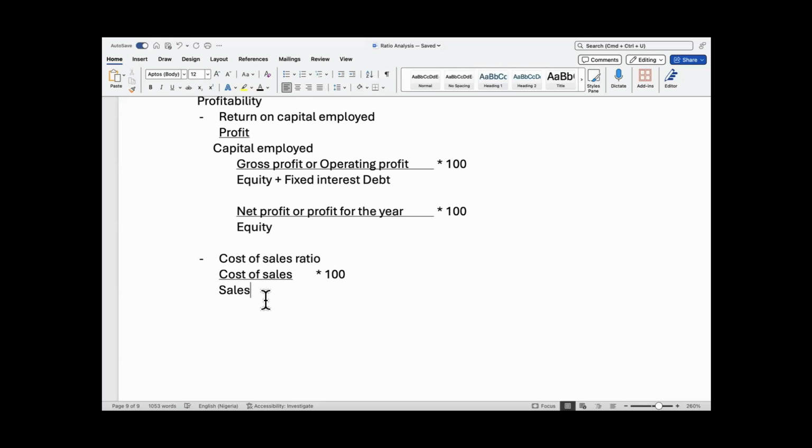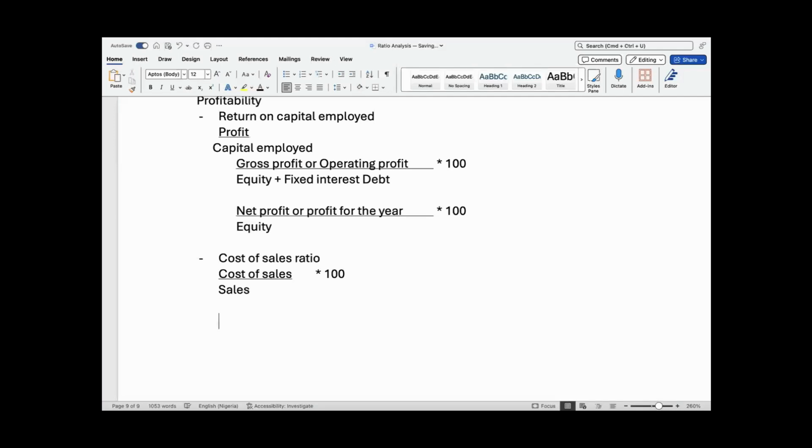Because gross profit is the amount of gross profit made on every sale. Cost of sales ratio is the amount of cost of sales made on every sale. Okay, I think those two are the ones we did not touch.